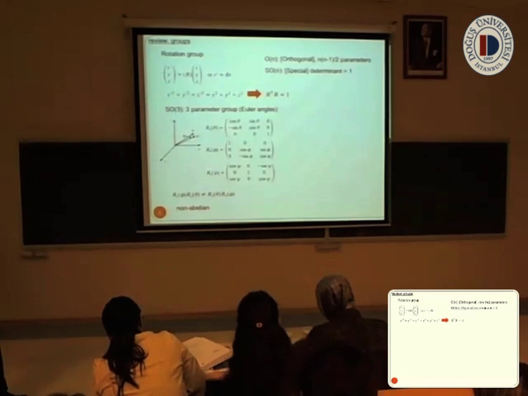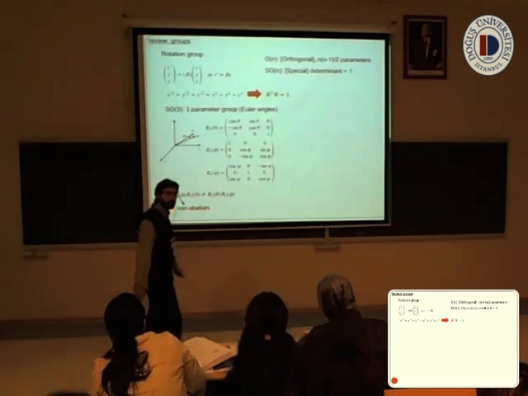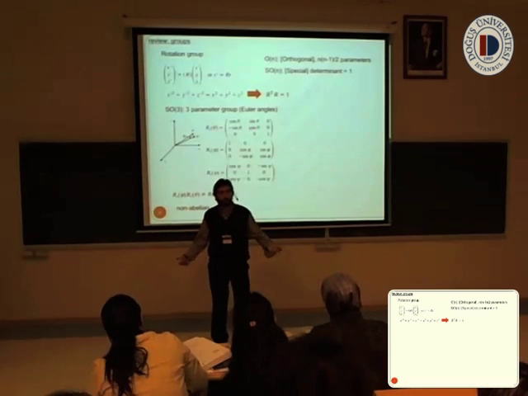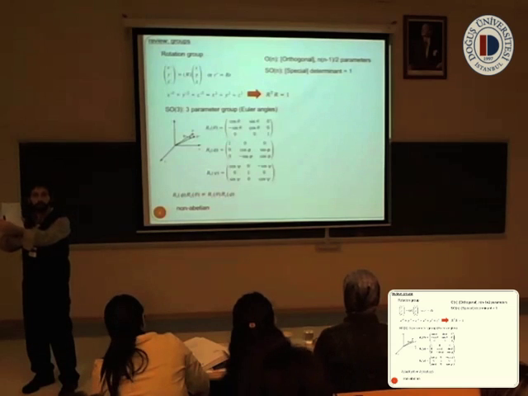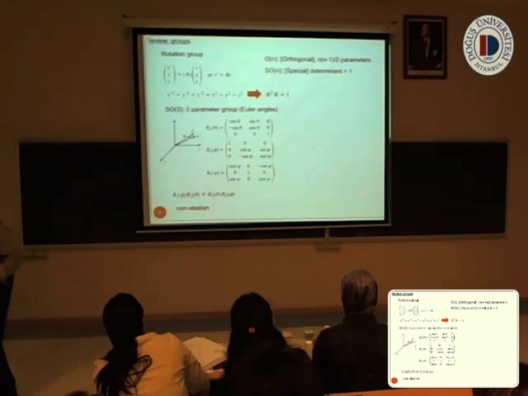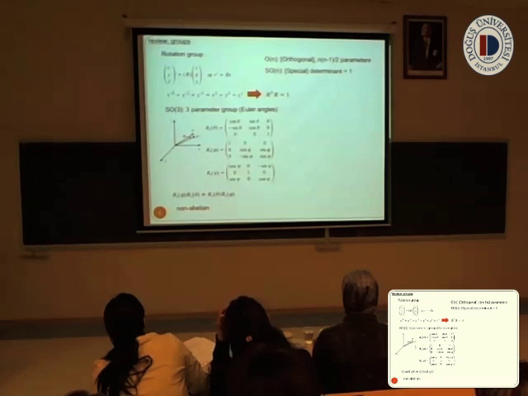Now, in 3 dimensions, you have a 3-parameter group, because you can express a general rotation in 3 dimensions as a combination of 3 separate rotations. You have seen Euler angles in your classical mechanics courses, I guess. But you could also have a rotation first in the X direction, then the Y direction, and so on, and then you combine them, and you get a general rotation element.